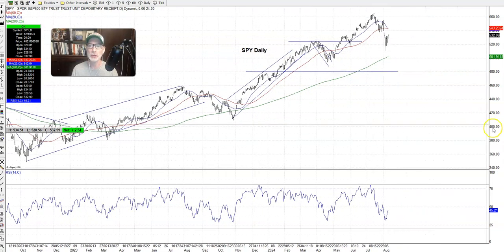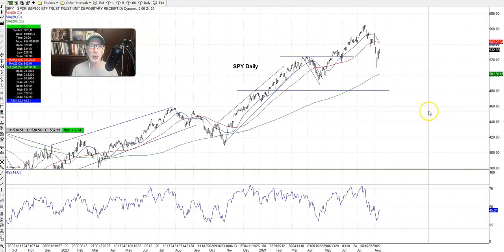If you follow the markets, you know the last week or so was really dramatic for the market. Actually, the last couple of weeks, you can see here's the last few weeks of the stock market right here, the SPY. We topped out above 560, maybe 565 here, and then we crapped out. This was a really bad two weeks right here, and it really came alive just this past week.